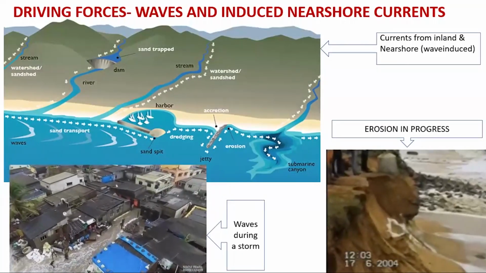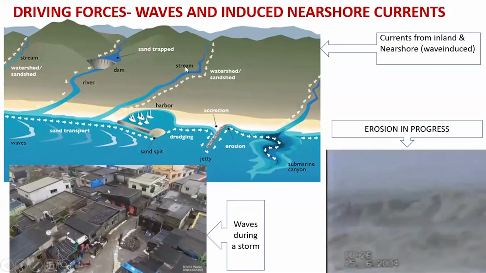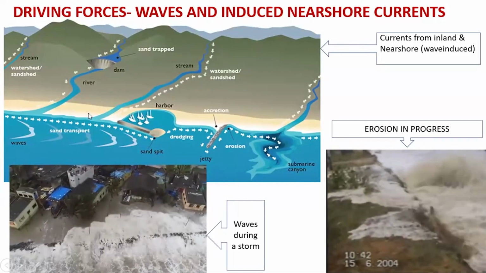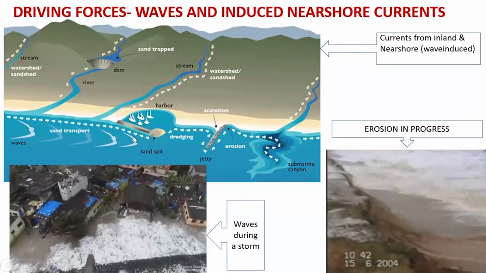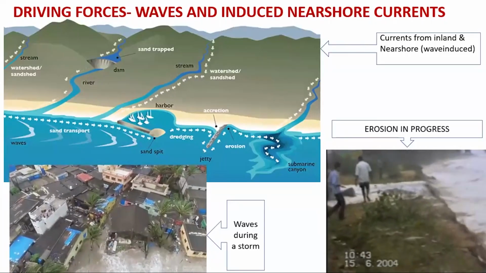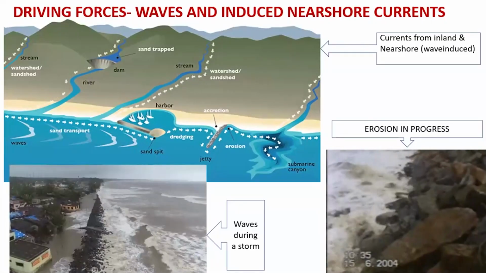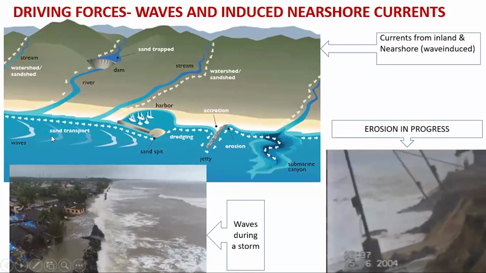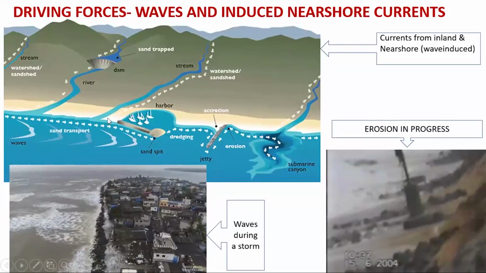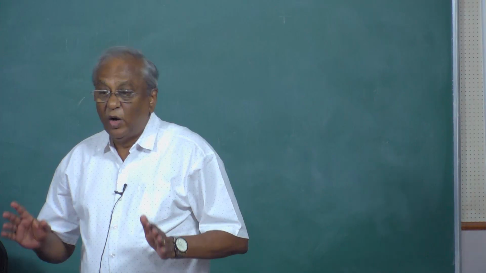So you have sediments that are moving along the river and brought to the coast, and we also have the driving force, the sand moving along the coast. These two driving forces are going to dictate the stability of the shoreline and also the stability of the mouth, whether it is going to be closed or open.